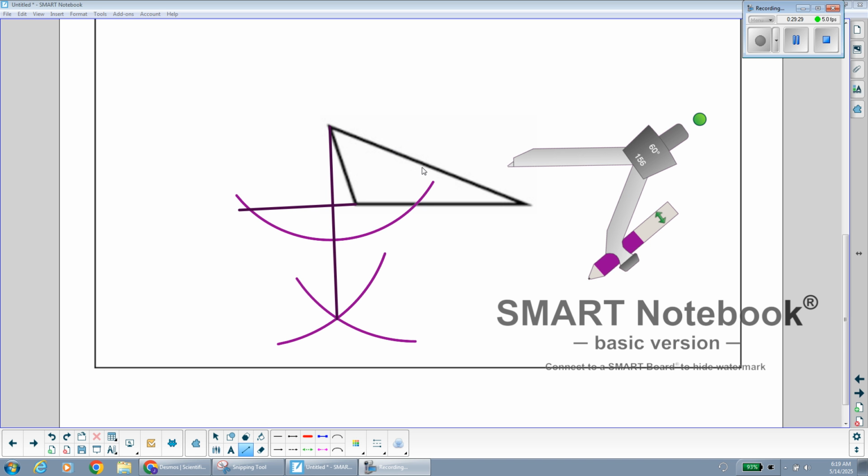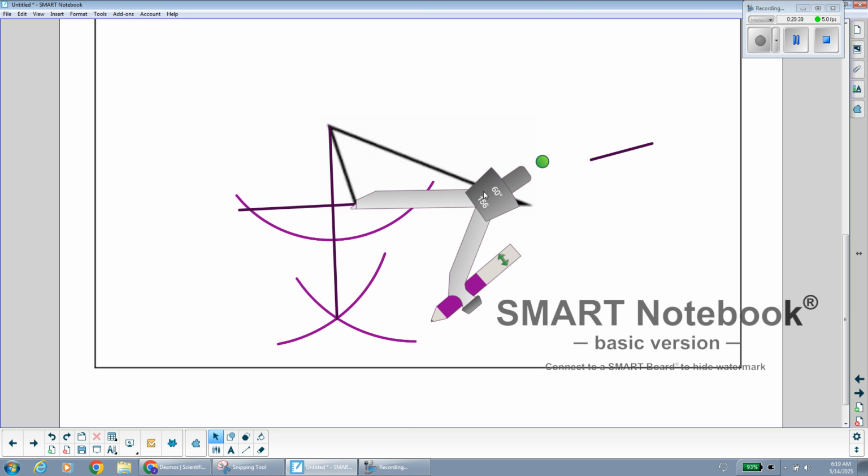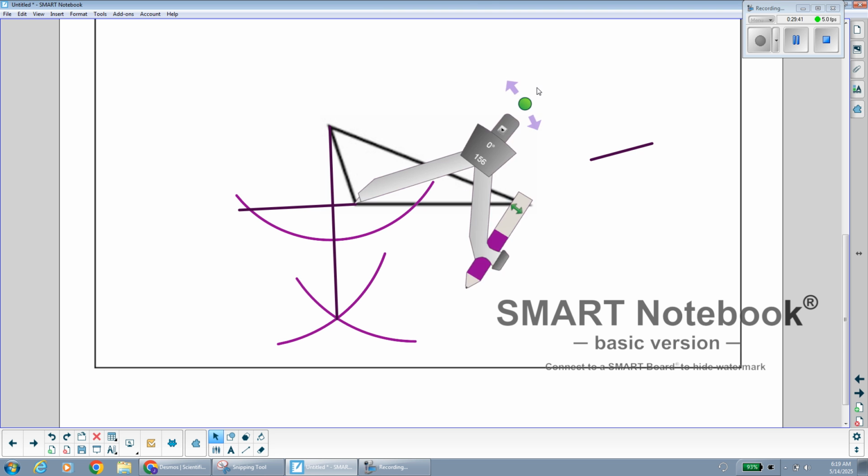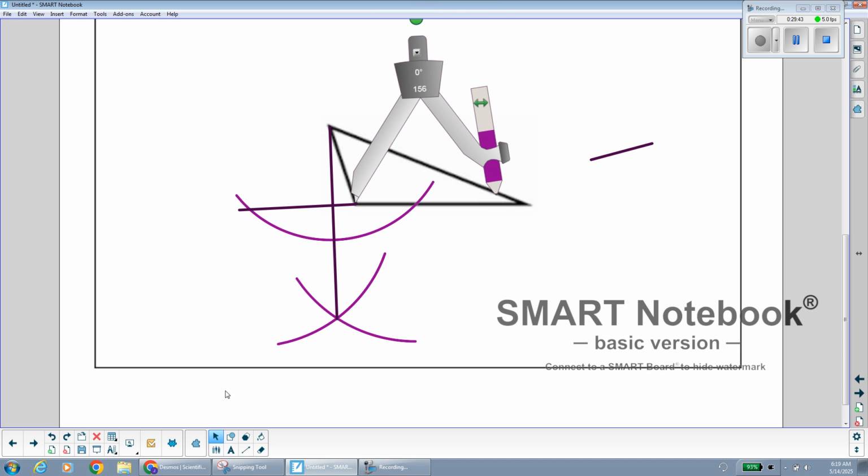Now I'll do the other side. For this side, the opposite vertex is this point. So I'll start off by putting my compass on this point. And then I just got to intersect the side in two spots. Let me use a different color for this construction.